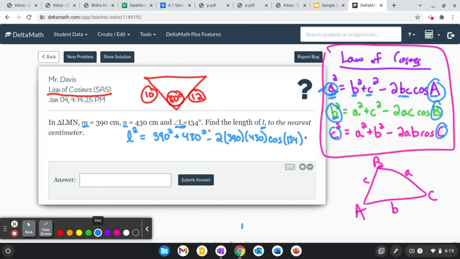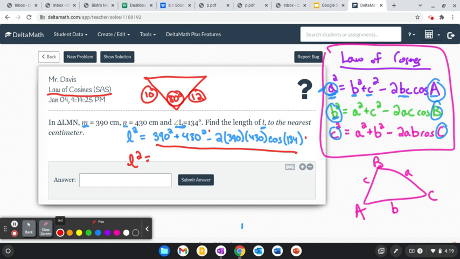All right, so while it looks confusing, there's a lot going on, that's actually it. What we're going to do is plug this whole side over here into our calculator in one big line. So we're going to have L squared, and we're going to type that in just as I have it written there. You don't need any extra parentheses or anything. You're just going to type it in exactly as I have it written.